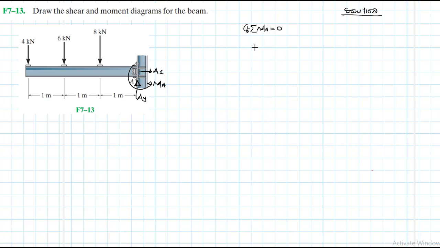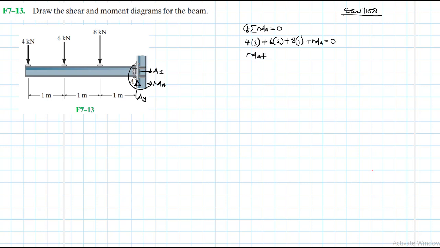Right, so what do we have? We have 4 times 3, plus 6 by 2, plus 8 by 1, plus MA equal to 0.